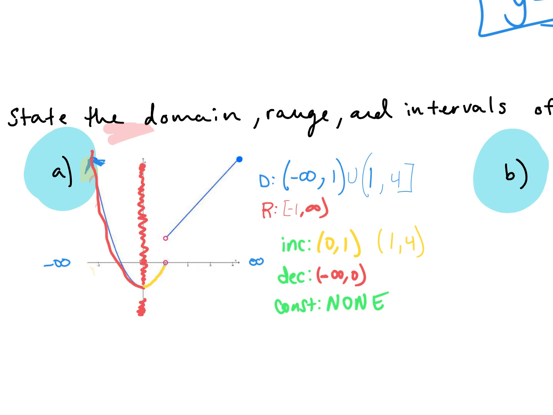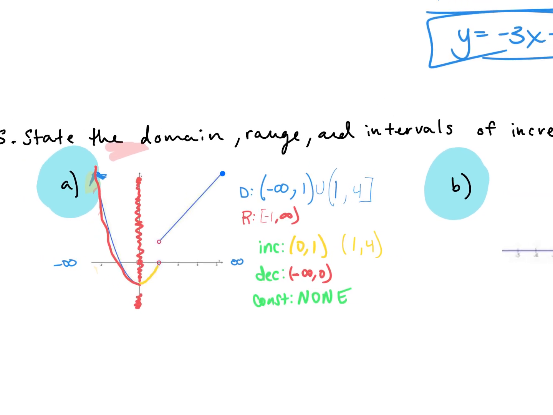You don't use brackets for increase, decrease, and constant. Would it technically be wrong if you said it was increasing from 0 to 4? Not really, because you don't have to worry that that one point is not included in the domain. From 0 to 4, that graph is increasing. So you could say it like that. Either way, it would be fine.